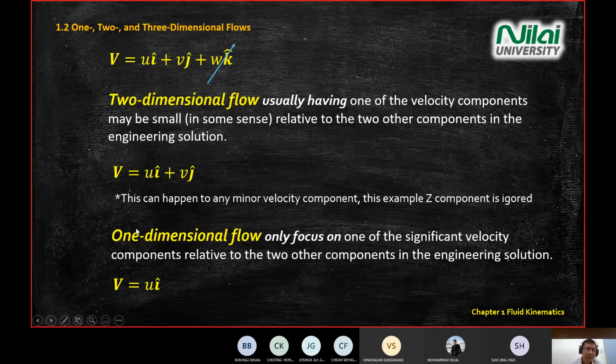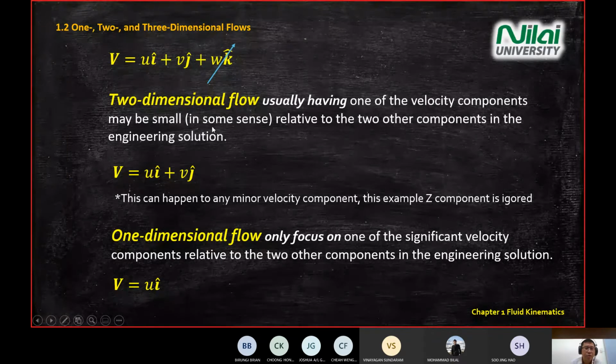For example, if the question asks you to analyze the flow pattern in one-dimensional flow on the x-axis, you write the general equation in this form. If the question asks you to develop a two-dimensional flow equation in the y and z axes, then you will have the j component and k component equation.